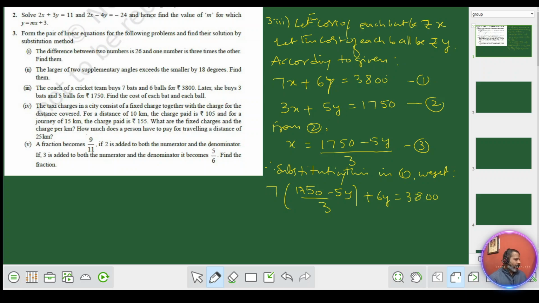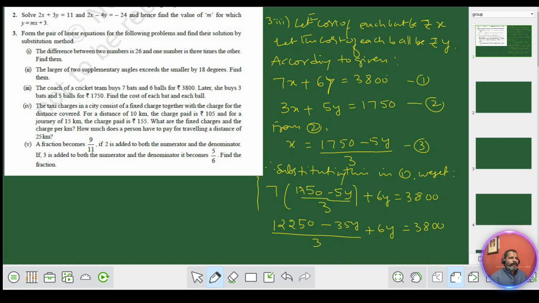Okay. Now open the bracket. 7 into 1750. 7 zeros is 0. 7 5s are 35, 3 carry. 7 7s is 49 plus 3, 52. 5 carry. 7 1s is 7 plus 5, 12. 12,250. This is the whole thing actually, right? Minus 7 5s are 35y by 3 plus 6y equal to 3,800.